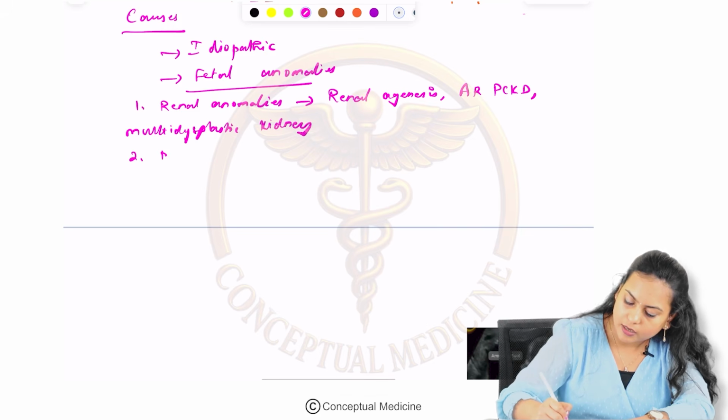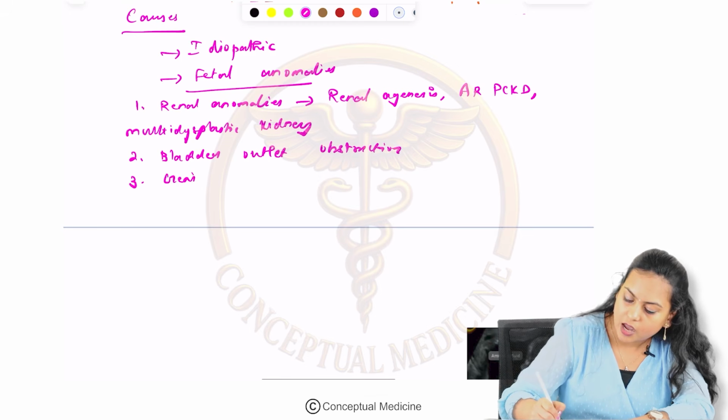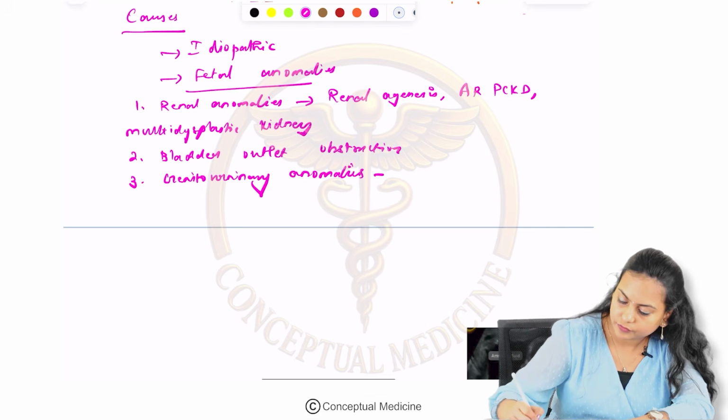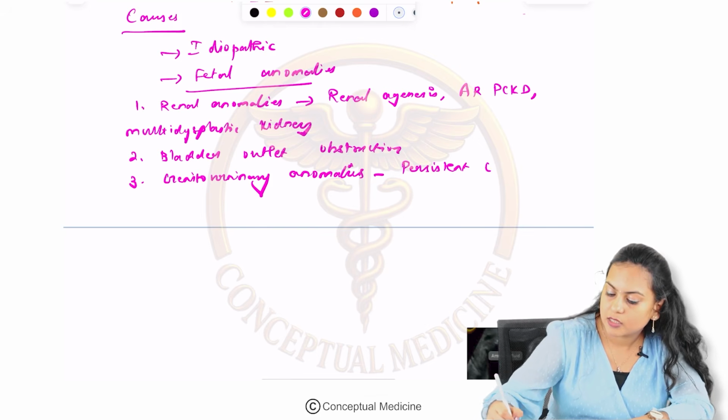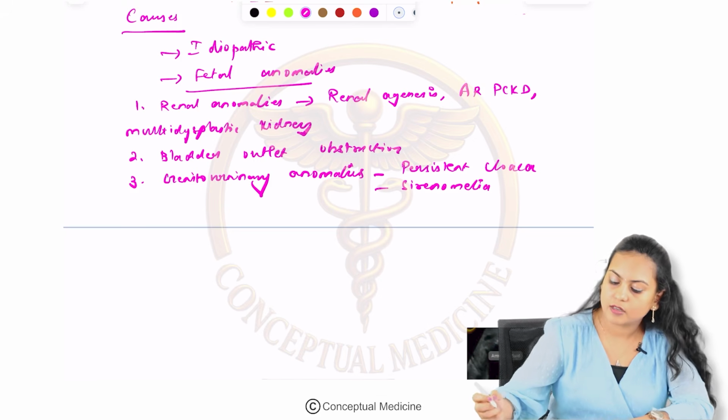There can be bladder outlet obstruction or genitourinary anomalies like persistent cloaca, sirenomelia, etc.